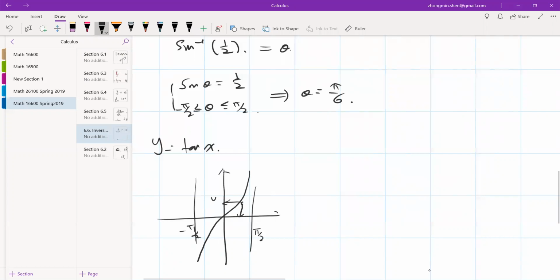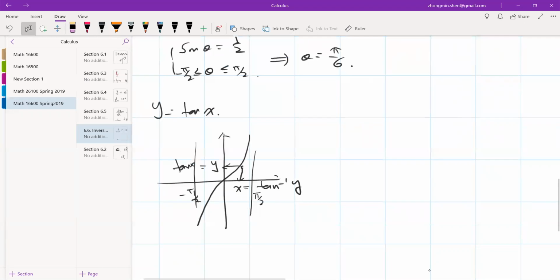Okay. Here's y. Here's x. If you give x, you get a y, tangent x. But if you are given y, you get the inverse, which is denoted by arctangent y. Okay. Yes, let's derive the formula for the derivative. Okay, so you can get the equation y equals arctangent x.